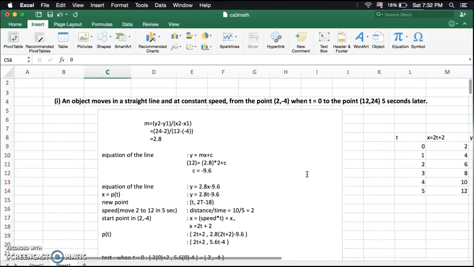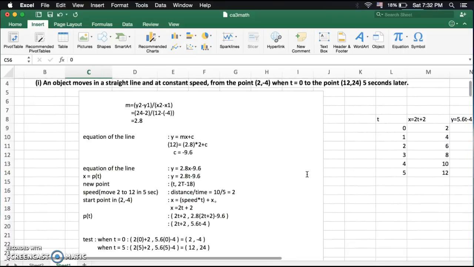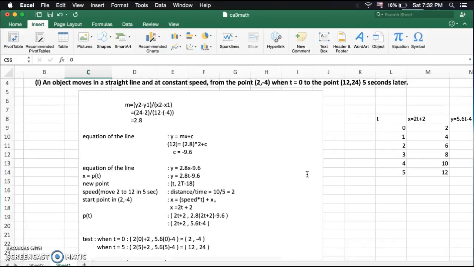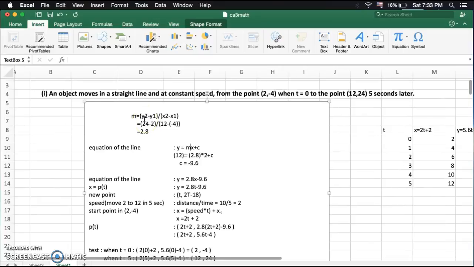For the first one, to create the straight line motion, first we need to create the equation for the line, which is y equals mx plus c. m is the gradient of the line, so we want to know the gradient.